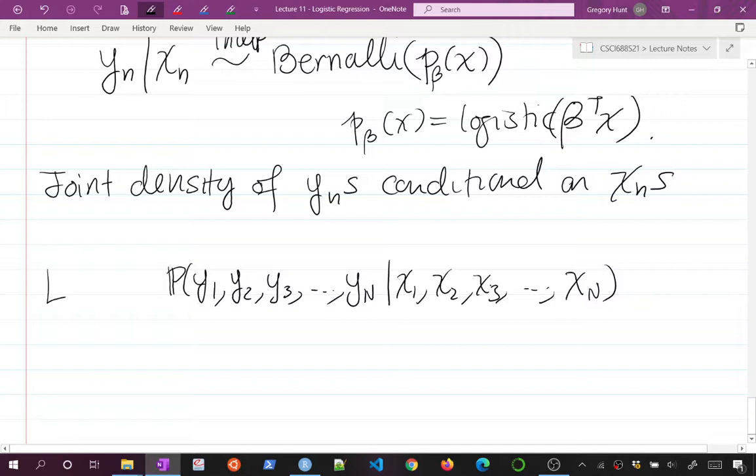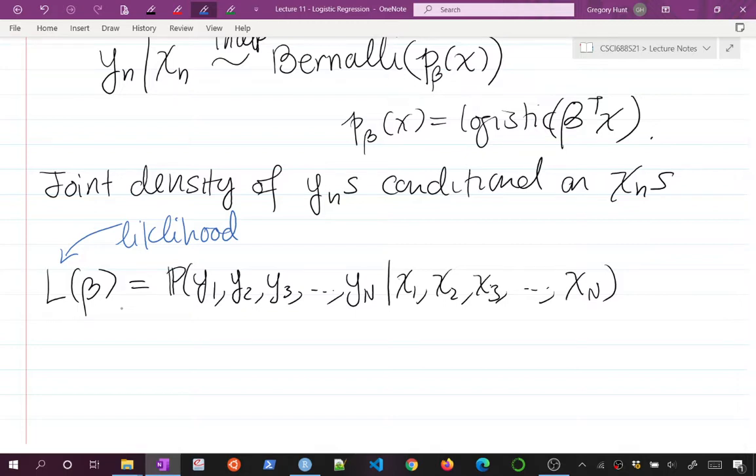Let's call it L. Typically in stats, we call this L for likelihood, and it is the so-called likelihood function of beta. The idea being that for different values of beta, I will get different probabilities here. And what I want to do is find the value of beta that has the highest probability of having occurred.